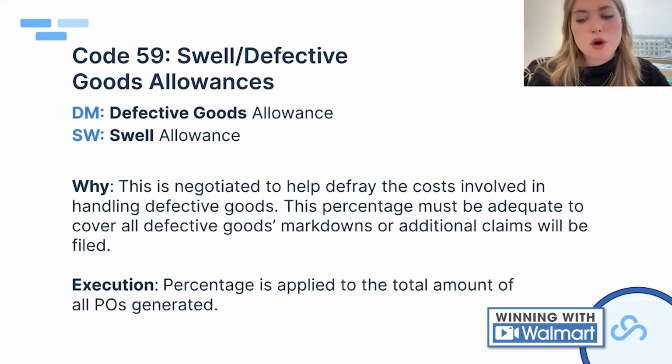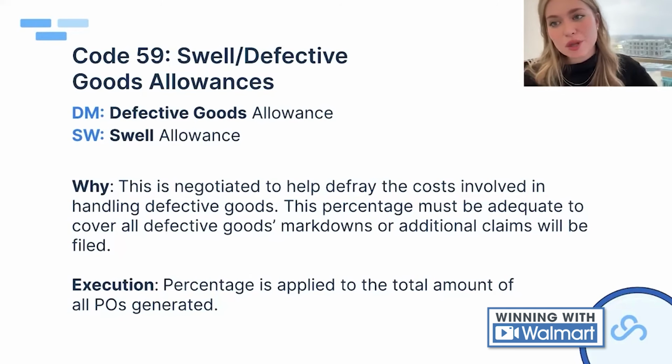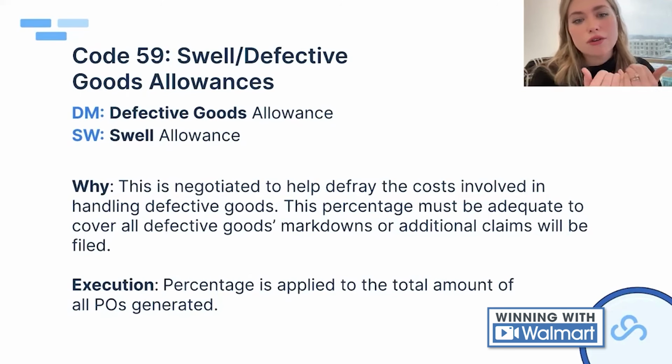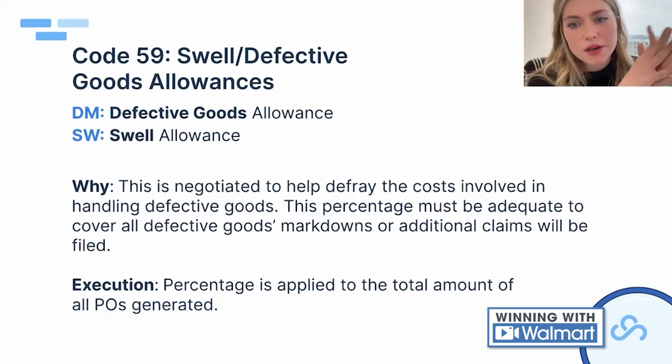This is Walmart saying, I am going to be handling some of your defective goods, and I want to charge you as the supplier a percentage of that and not have it come from my pocket. Here you're going to want to check to see if the percentage is adequate to cover all of the defective good markdowns, or if there are going to be additional claims filed.